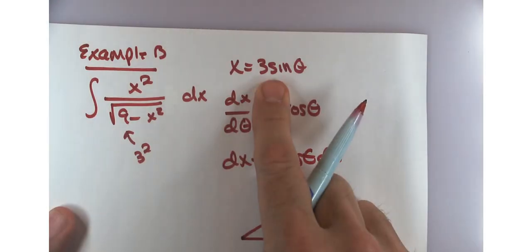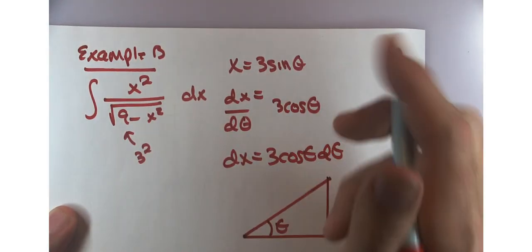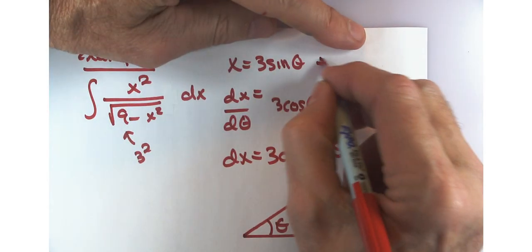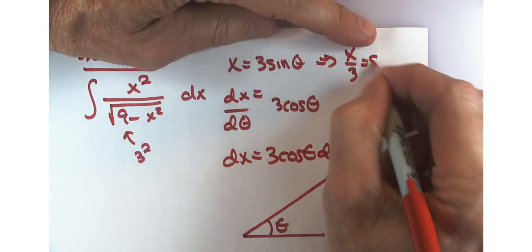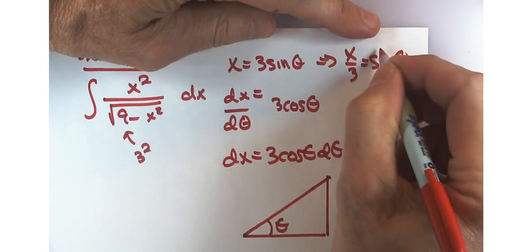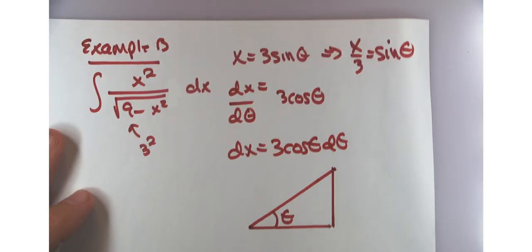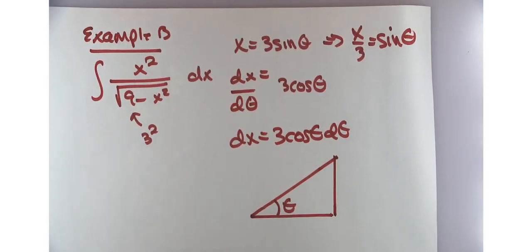Let's solve this for sine of theta. That's going to mean x over 3 equals the sine of theta. Now go back and revisit your SOHCAHTOA stuff. See if you can label the sides correctly. What would they be? At least start out with the first 2 sides.